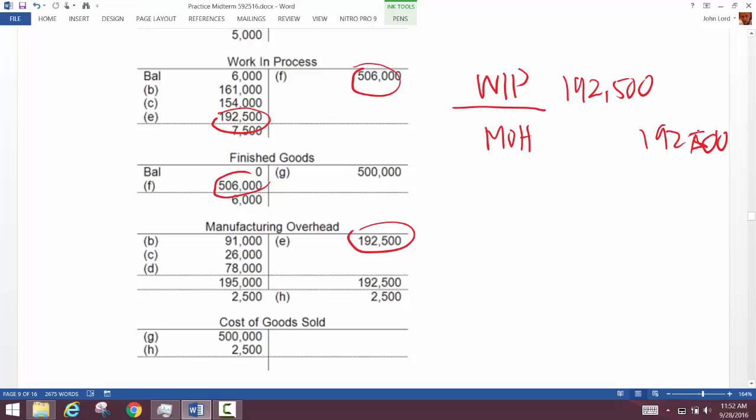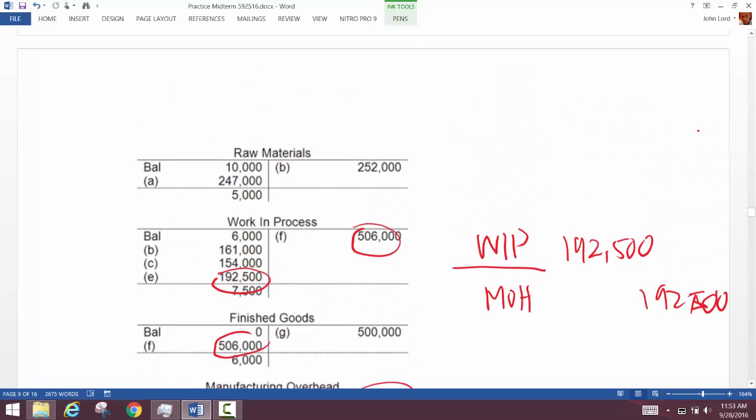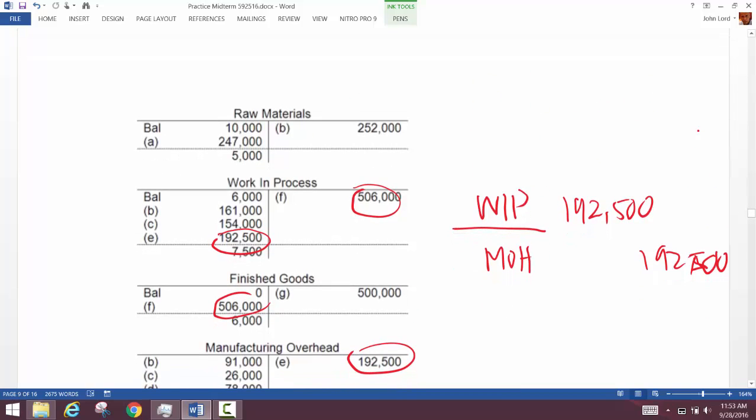Okay. So you see your overhead. What are our three things that get added to work in progress? Our direct labor, our direct materials, our manufacturing overhead, right? So I'm looking at that 161. Scroll back up to raw materials a little bit. You see raw materials, they credited it for 252.